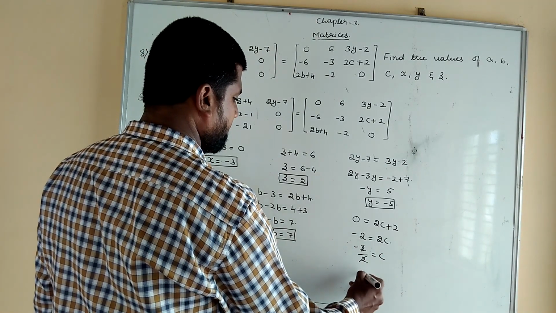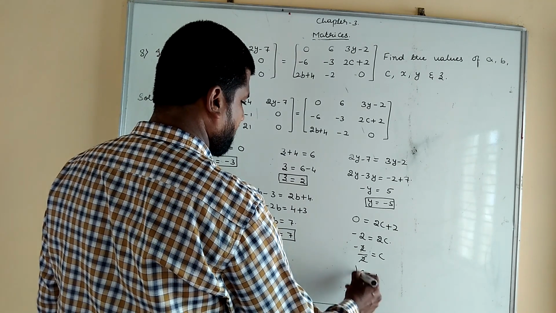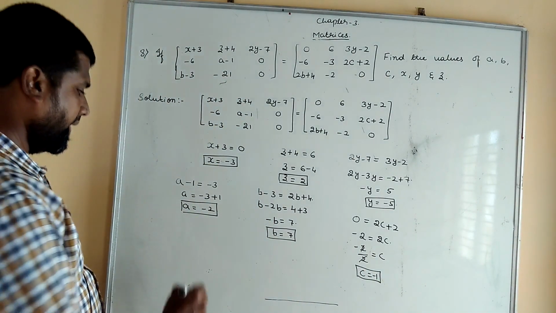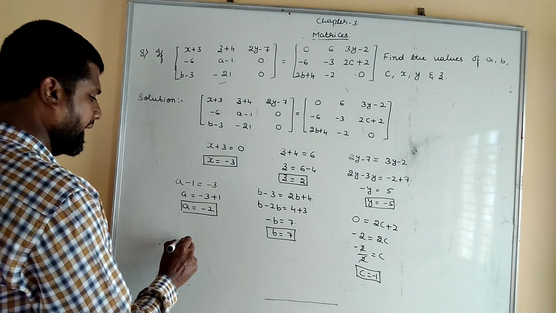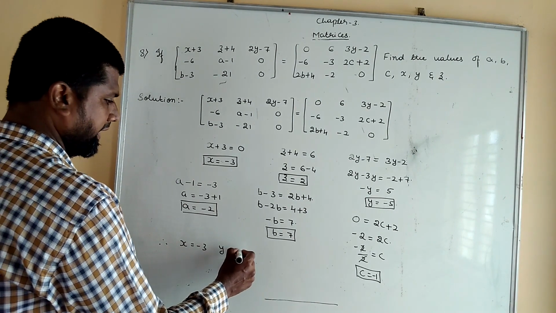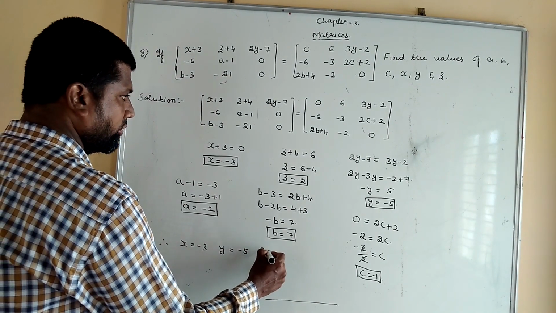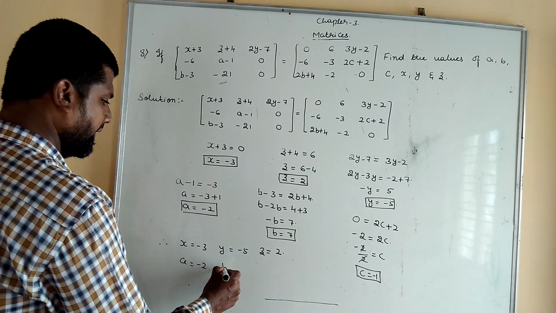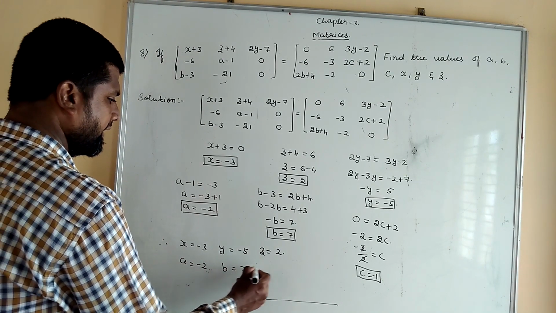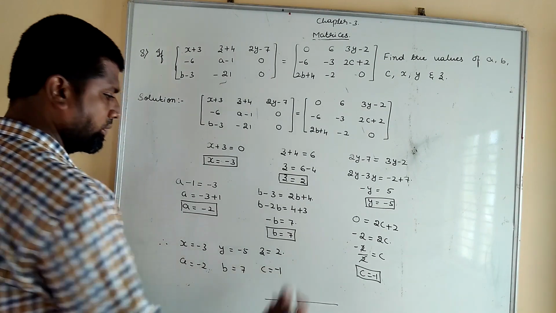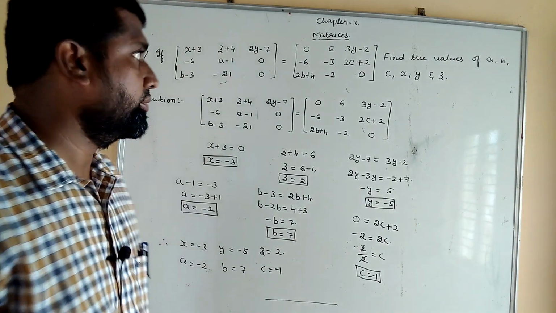The 2s get cancelled, c is equal to minus 1. We got the c value as minus 1. Therefore, the values of x is equal to minus 3, y is equal to minus 5, z is equal to 2, a value is minus 2, b value is 7, then c value is minus 1. These are the values.